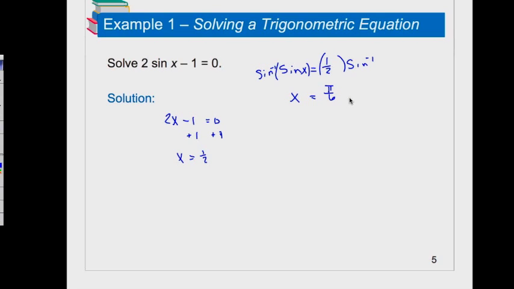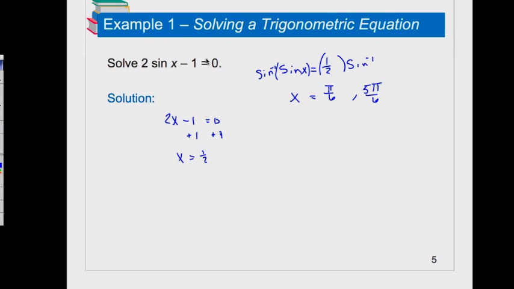And then the question is, does the sine have 1/2 at any other places? The other place that happens is at 5 pi over 6 as well. Okay, so our solutions here are x equals pi over 6 or x equals 5 pi over 6.